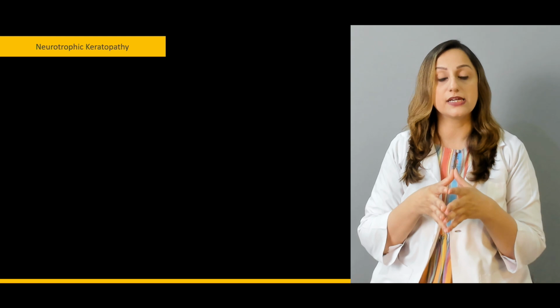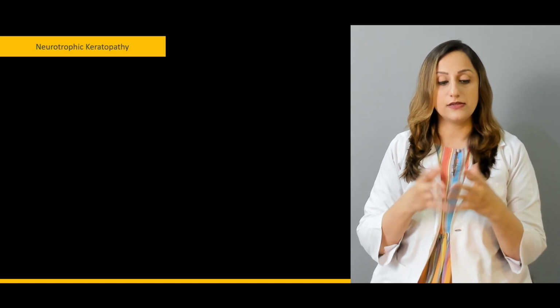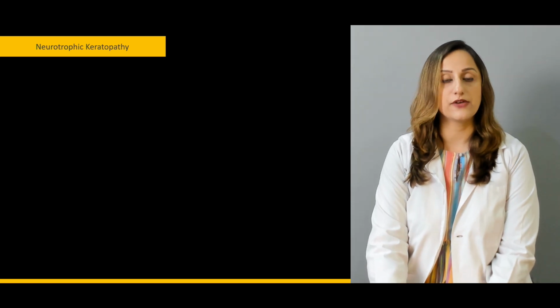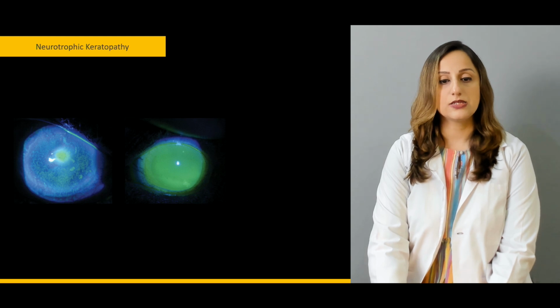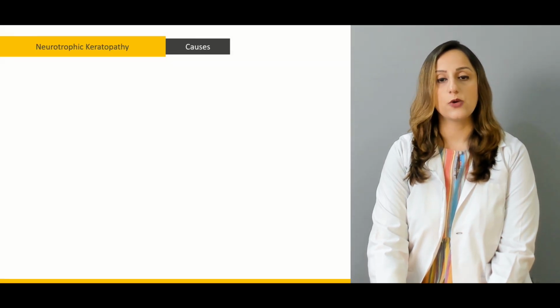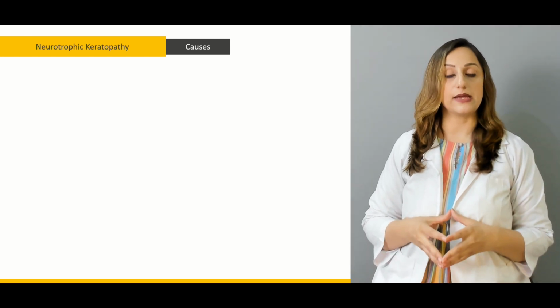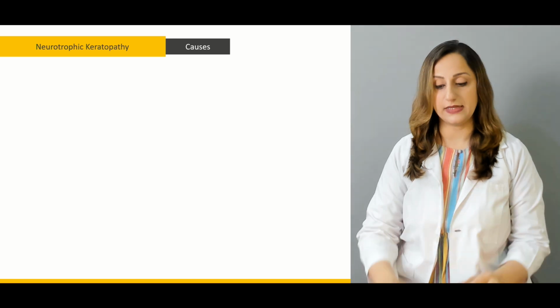Then we have the congenital conditions that would finally result in this neurotrophic keratopathy. So we have these variants, and as you can see, we have different causative factors, and we can subclassify this keratopathy.